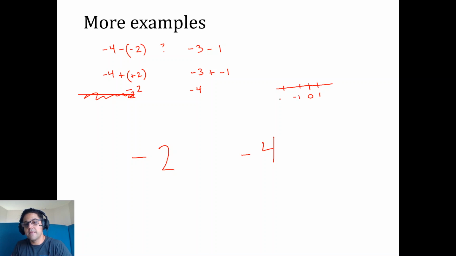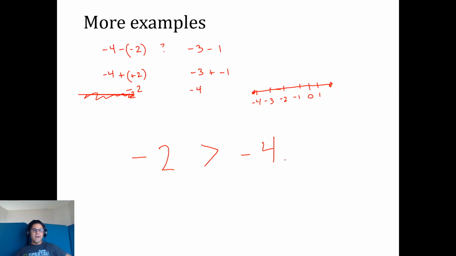Negative 1, negative 2, negative 3, negative 4. Arrows means it keeps going. All right, so I see negative 4 further to the left than I see negative 2. So that means negative 2 is greater than negative 4. So I got to use the greater than sign. This again means negative 2 is greater than negative 4.